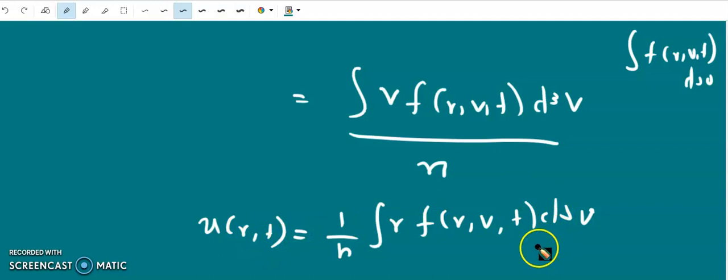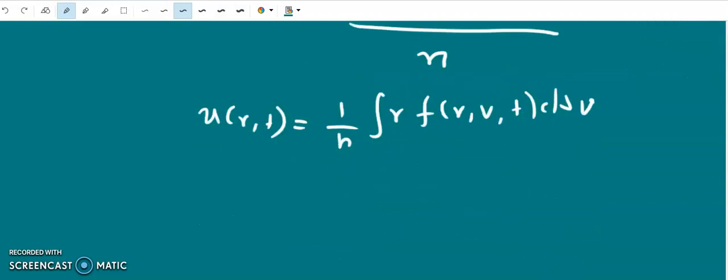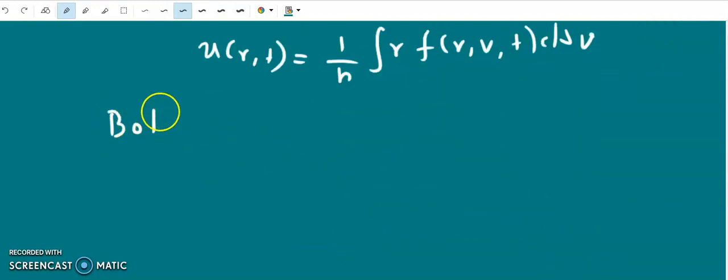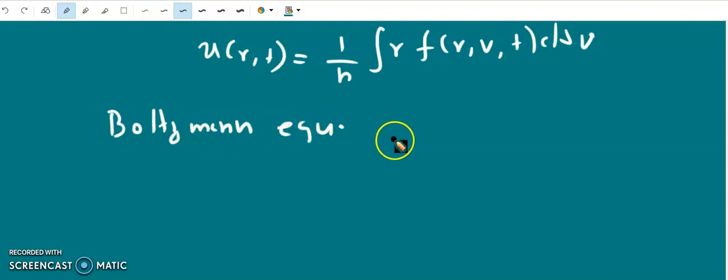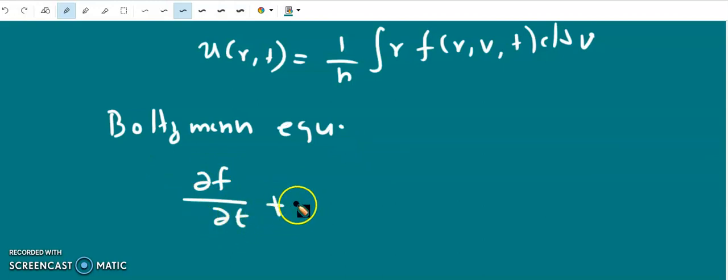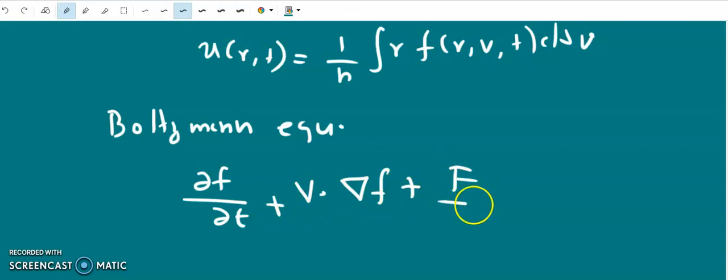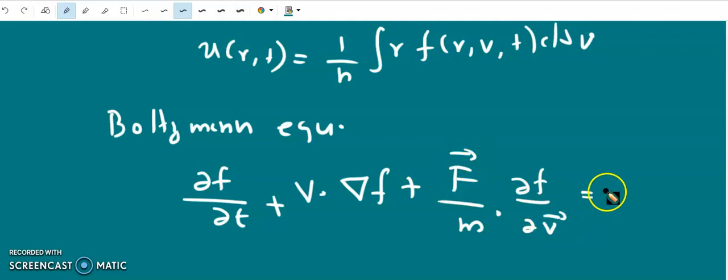The fundamental equation which f of r, v, t has to satisfy is the Boltzmann equation. So now we are going to get the Boltzmann equation, and it is very easy to derive. We will derive it later. It is: dou f by dou t plus v dot gradient of f plus F by m dot dou f by dou v equals dou f by dou t due to collision.